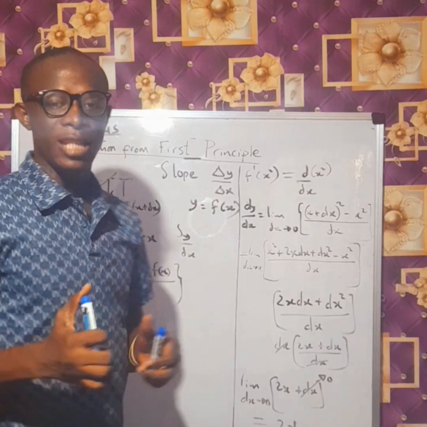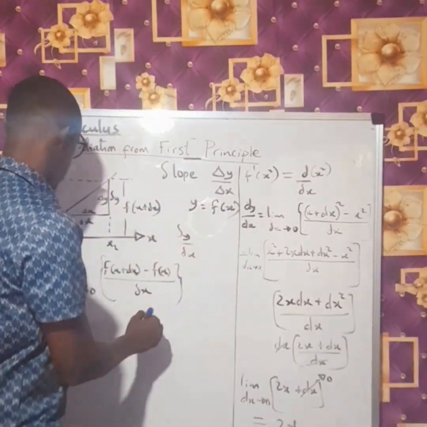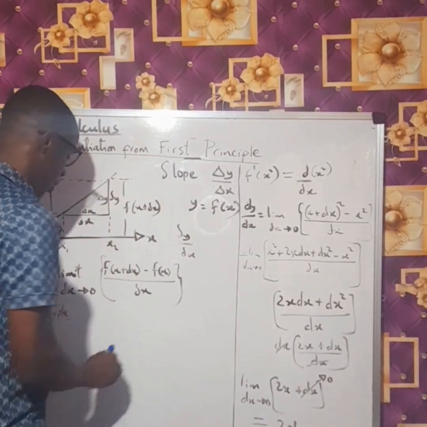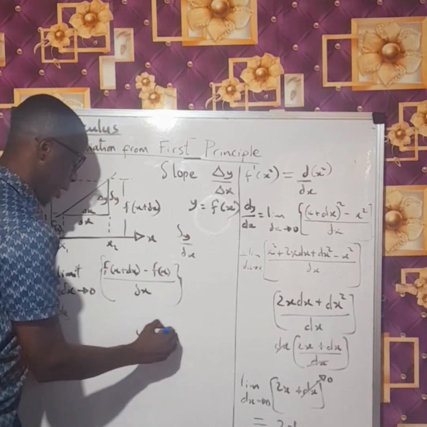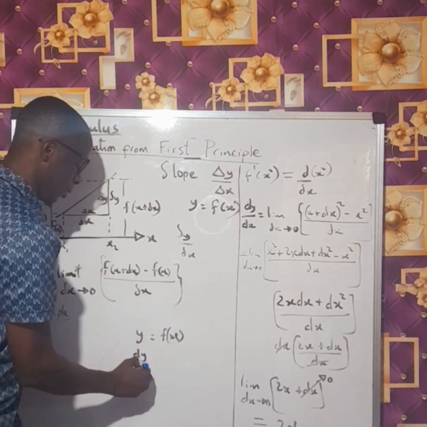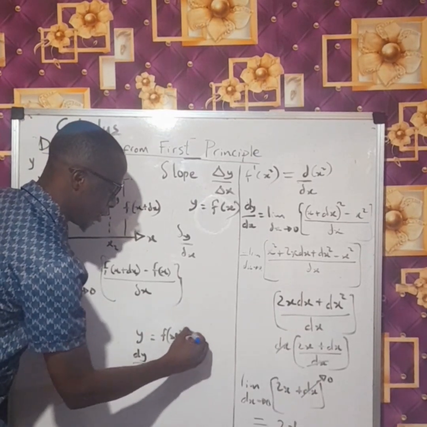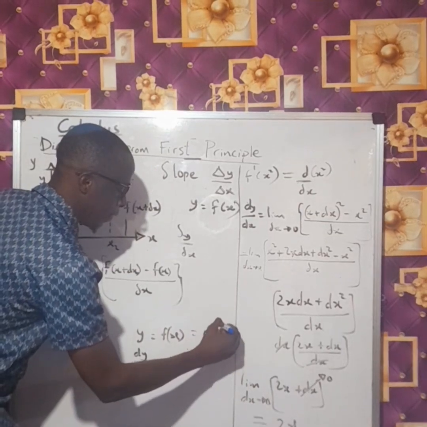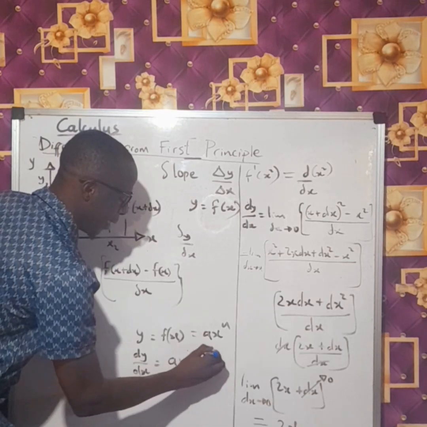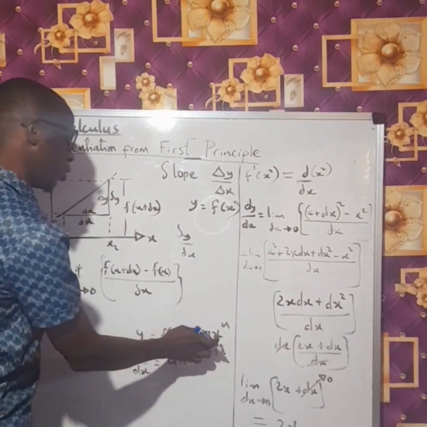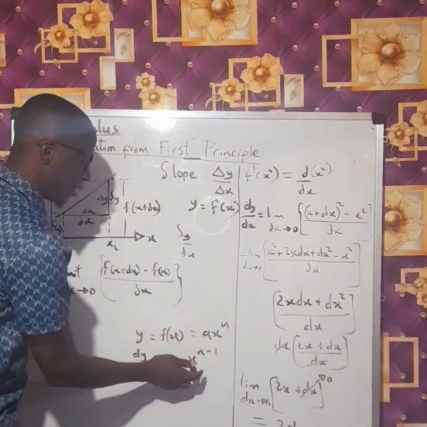Now let us just test this using our general rule. Remember in the previous class we talked about the general rule. So I'm testing using the general rule now. For the general rule, if y equals ax to the power n, then dy dx will be equal to n times ax to the power n minus 1.